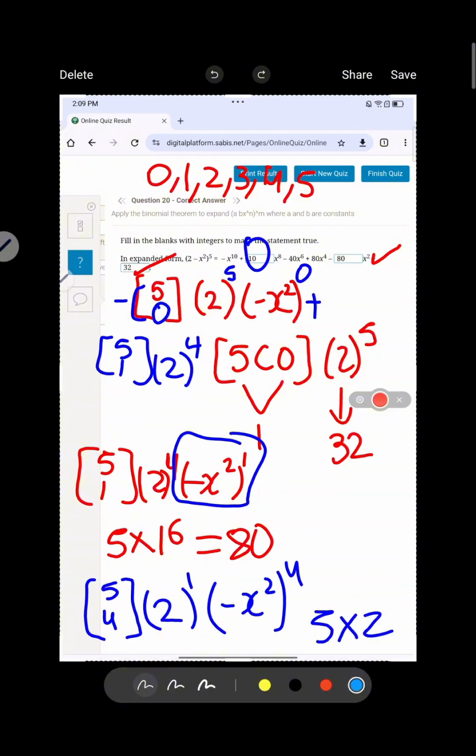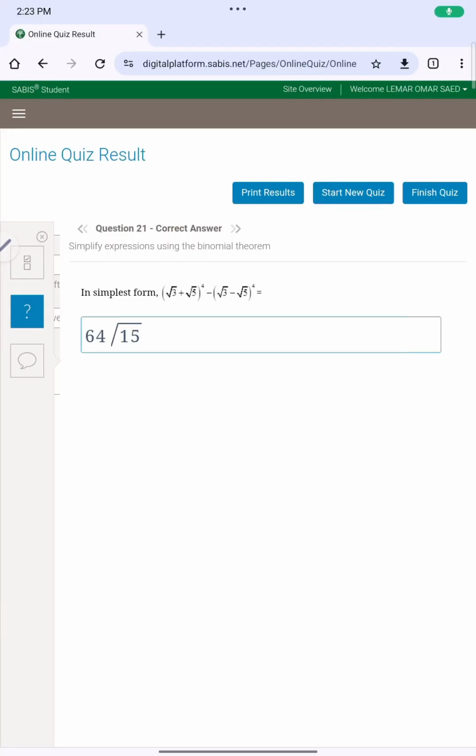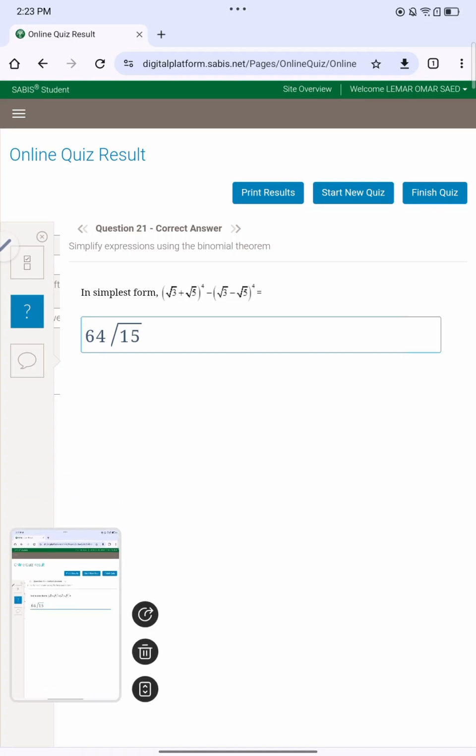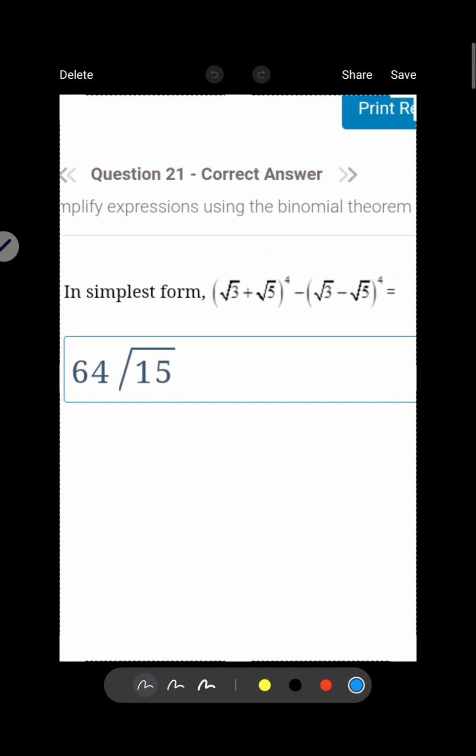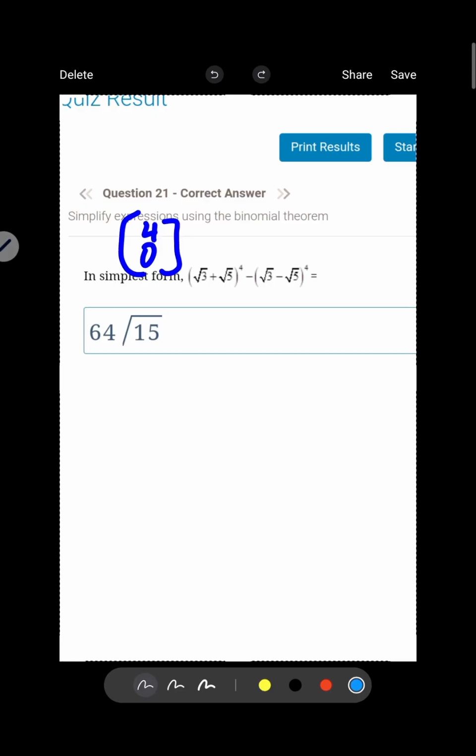Okay, let's read this question. You're just gonna use a calculator. You have a lot of other ways you can do it, like 4 1, I mean 4 0, and then so on.